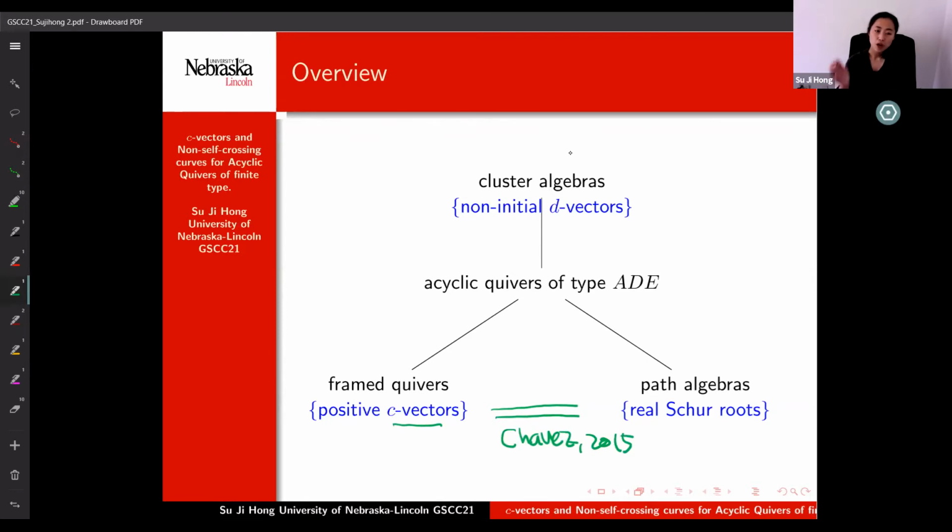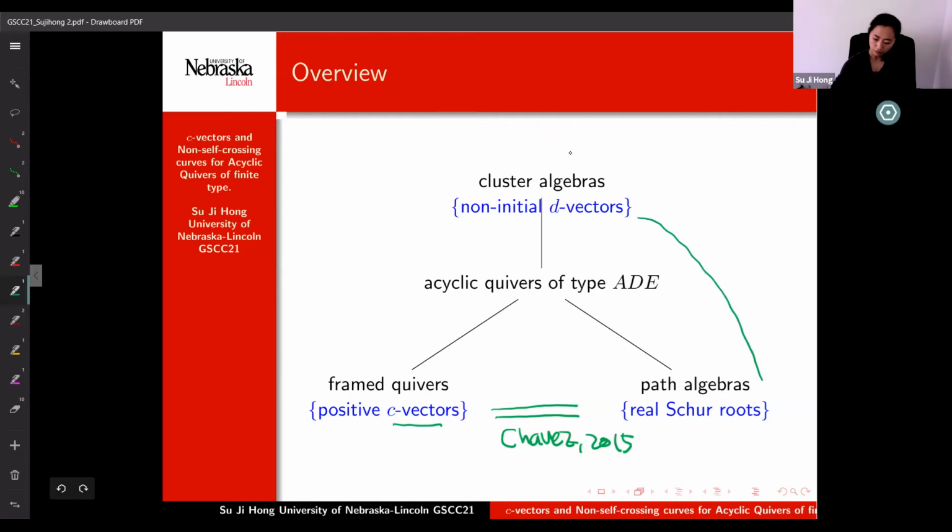And also, when we look at non-initial D vectors of a cluster algebra, non-initial meaning, as Kayla mentioned, there are initial seeds. So we're looking at cluster variables that are not initial, and looking at something called D vectors related to those cluster variables.